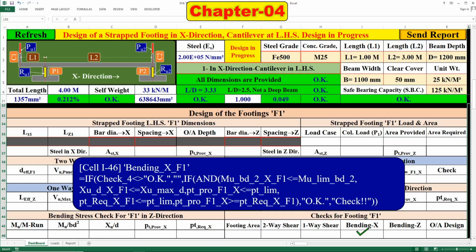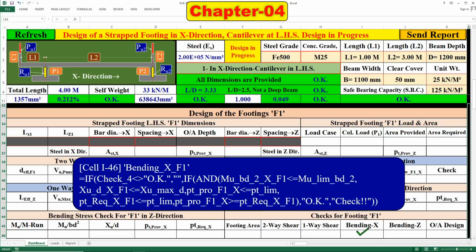Next, it will check the following conditions. MU_BD_2_X_F1 less than or equal to MU_lim_BD_2. XU_D_X_F1 less than or equal to XU_max_D.